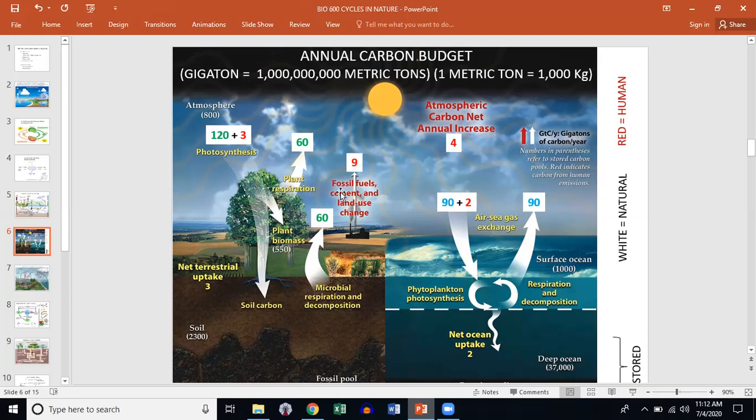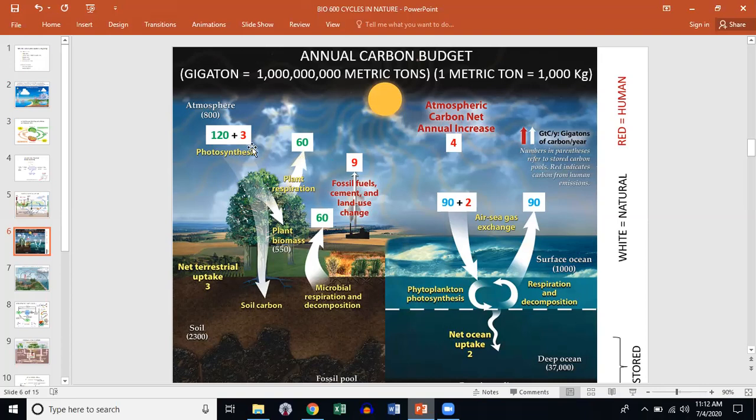You know, it's 1 order of magnitude less. 9 gigatons approximately of fossil fuel burning. Also cement produces CO2 in the process, and other man-made CO2, okay?